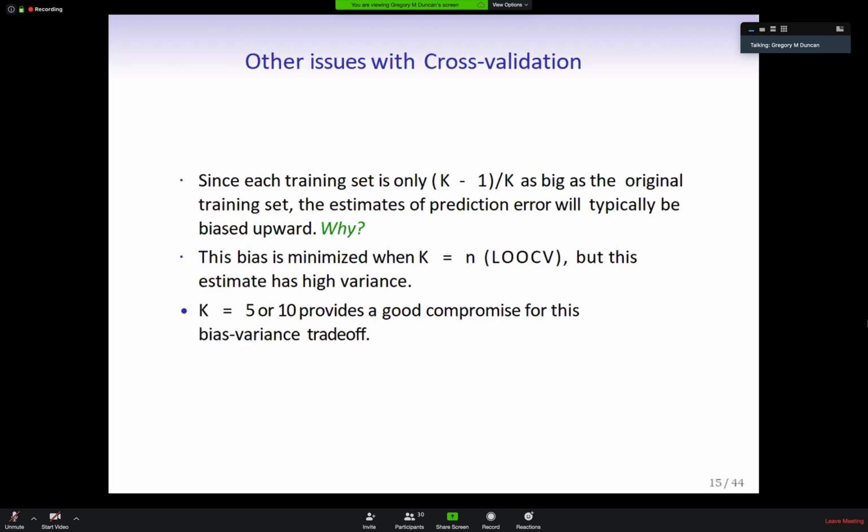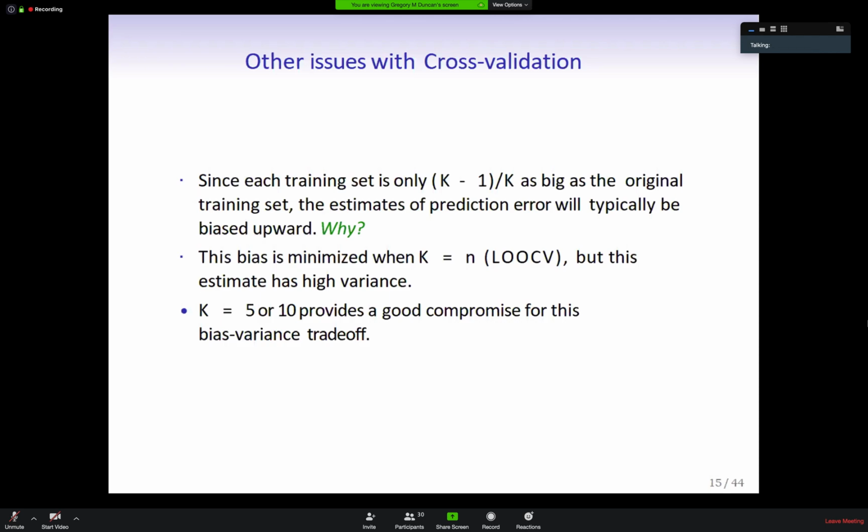Then I drop the second observation out, putting the first observation back in, retrain the model, predict the second observation based on that, and get an error. And do that for all n observations. That's leave-one-out cross-validation. It turns out that estimate has a high variance. It has some other problems in that you have to run the model n times, where n is your number of observations. However, we'll see in certain regression models, there's a slick formula that makes it really fast.